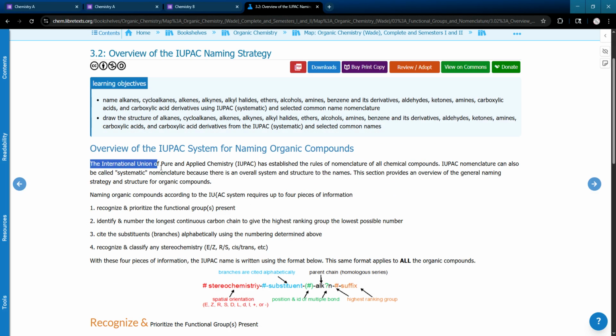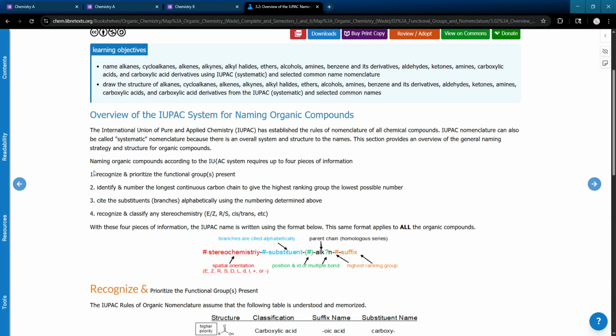The International Union of Pure and Applied Chemistry has established its rules. Recognize and prioritize the functional groups present. Identify the longest continuous carbon chain. So that's what we were doing. Cite the substituents, the branches.